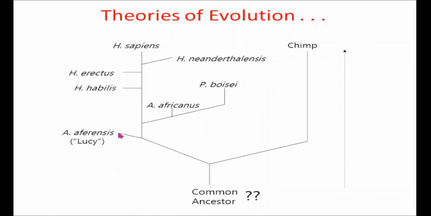It is believed that the old fossil is Lucy, Australopithecus afarensis. Then from that come other human-like creatures, and finally today's human species, Homo sapiens. That is the science of evolution.